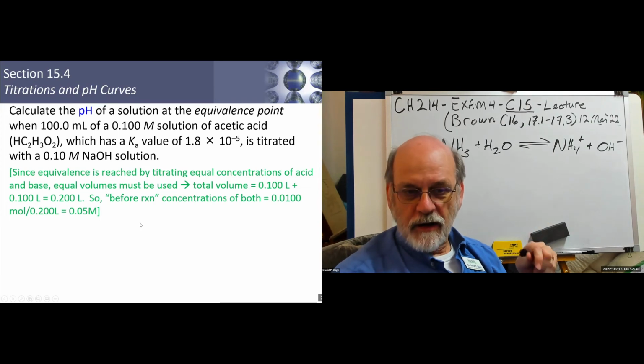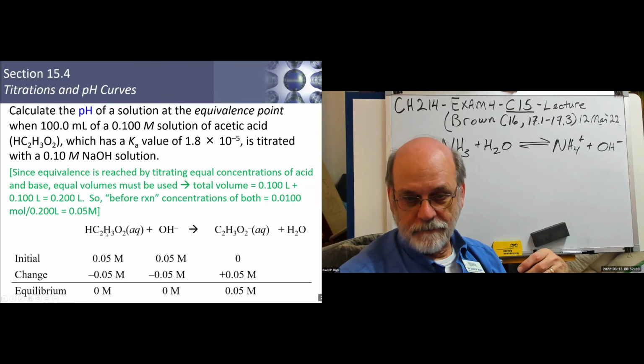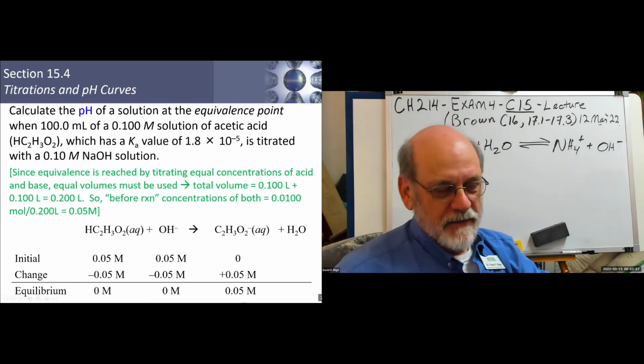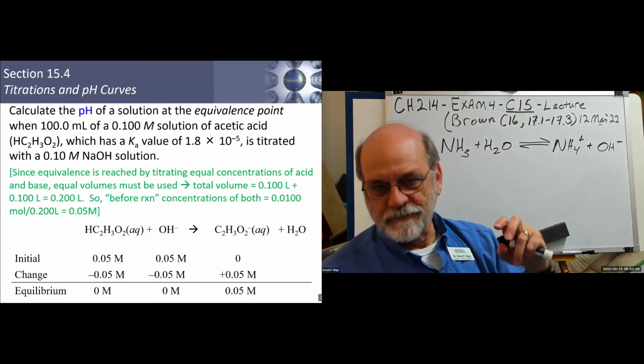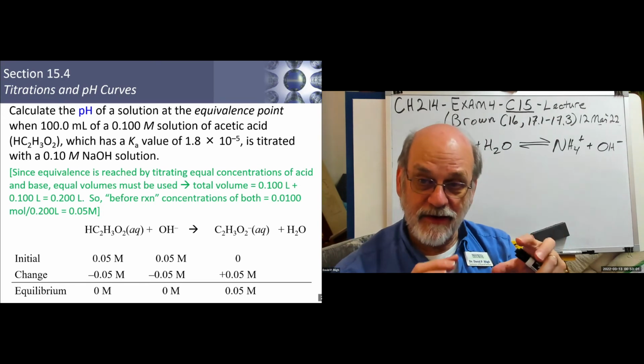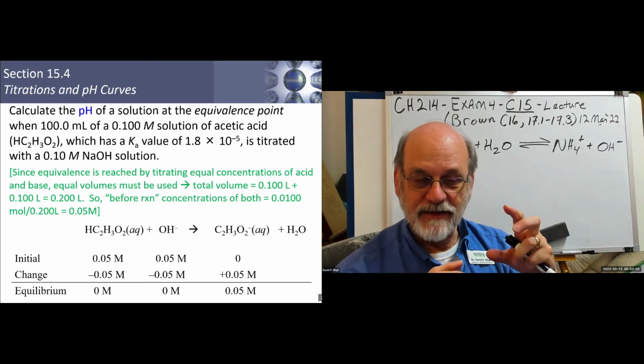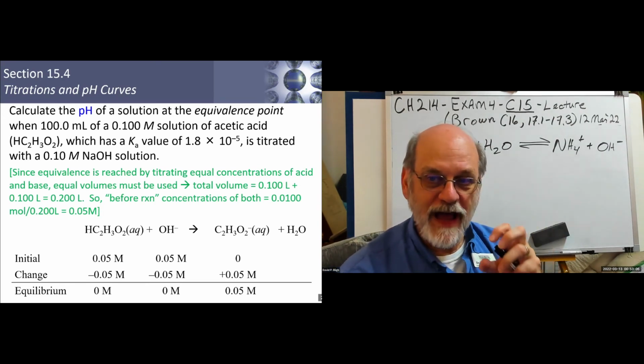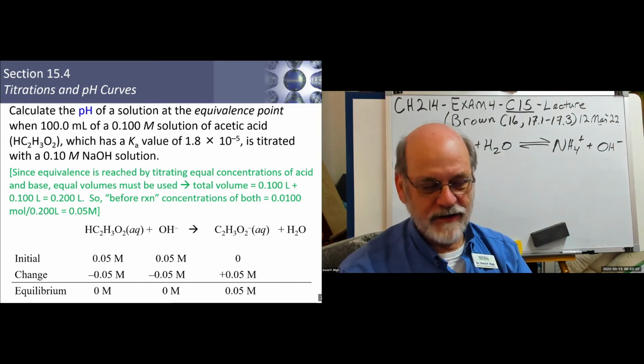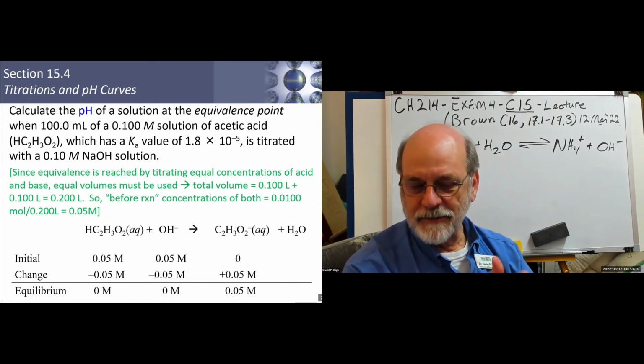So before the reaction occurs, the concentration of each would be 0.05 molar. All right, so initially, when you add them together, this is a thought problem. When you add the acid and base together in sufficient amounts, then before the reaction occurs, you freeze frame.